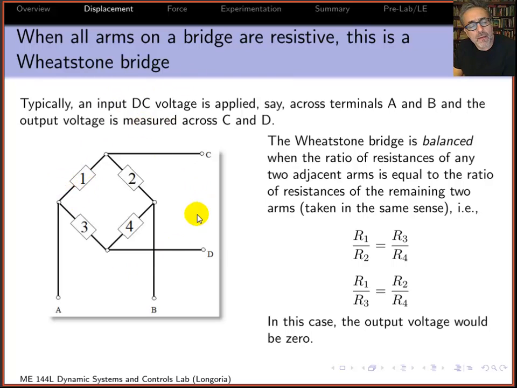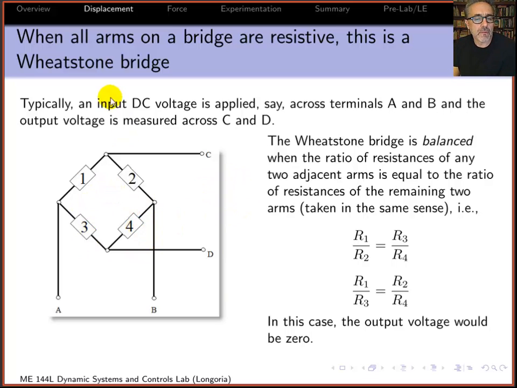When you have a bridge with the 4 arms having resistive elements, strain gauges for example, we refer to that as a Wheatstone bridge. I'll show you shortly. You can also have an impedance bridge where 1 or more of these elements might be capacitors or inductors.